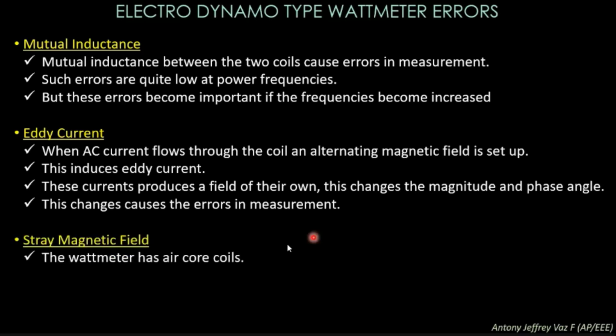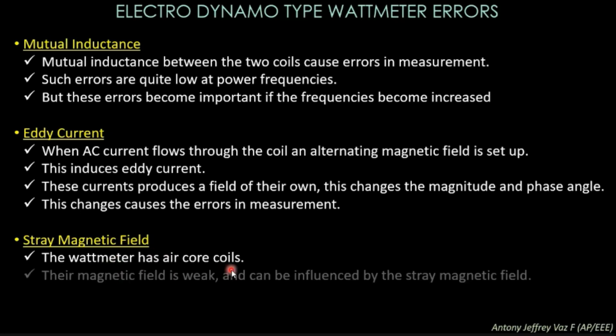The last type of error is stray magnetic field. Here the stray magnetic field represents a magnetic field present in the earth. This earth's magnetic field may affect the wattmeter readings. The wattmeter has an air core coil.